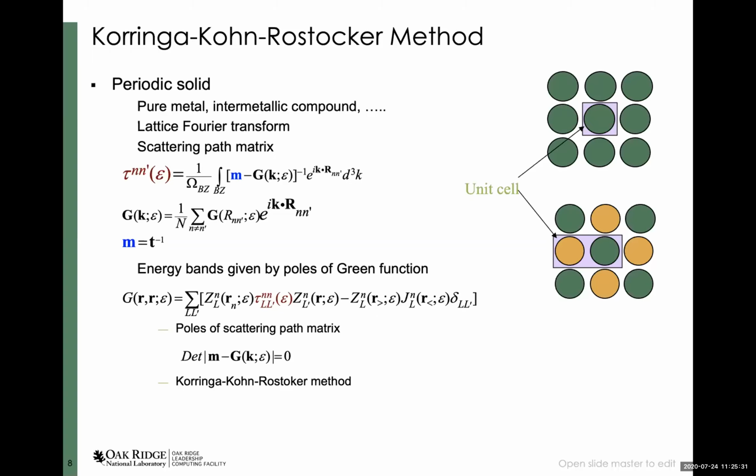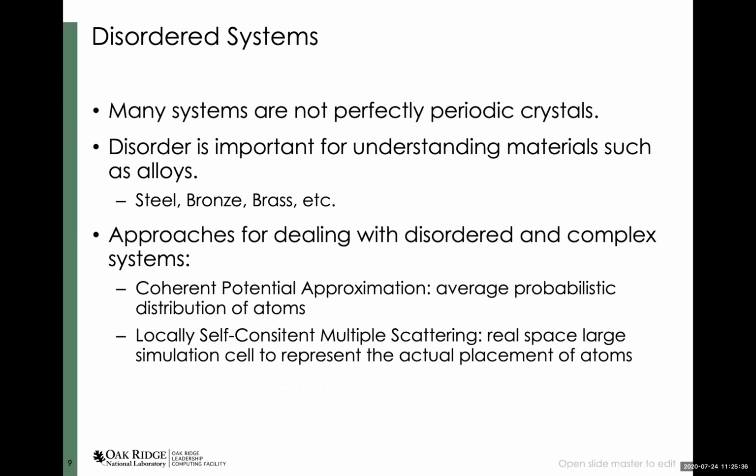This is a method, though, that scales cubically with the number of atoms in this repeated cell. So this would become too expensive if we wanted to describe a large disordered system. And as you saw, that's very important, even for simple materials like alloys, steel, bronze, brass.